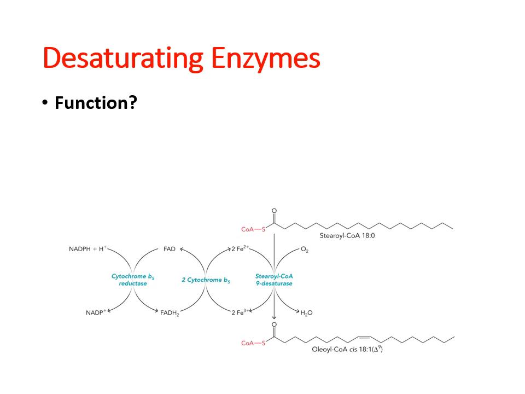And what fatty acids have double bonds? Unsaturated fatty acids. Okay, so that is why they are called desaturating, because you are taking a saturated fatty acid and you are turning it into an unsaturated fatty acid because now it has the double bond here.